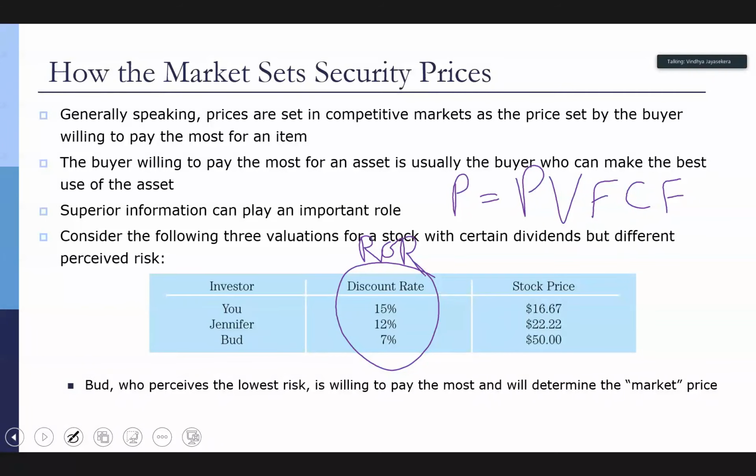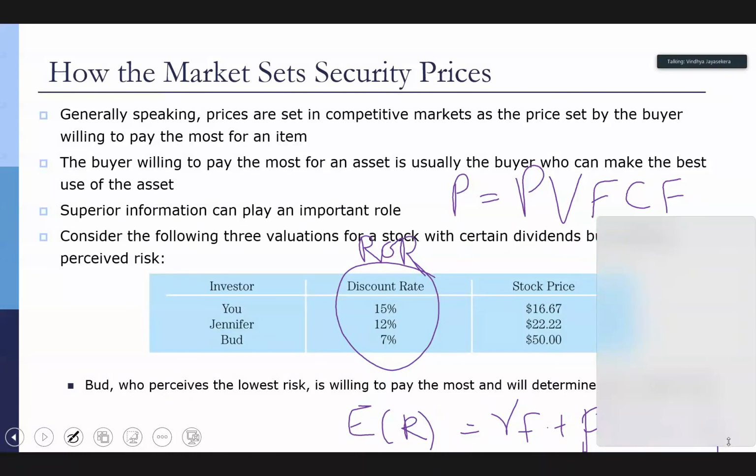will be different. Remember, in the simple CAPM model, we said the return that I want is equal to the risk-free rate plus beta into the market risk premium, right? So this is the return that I want.